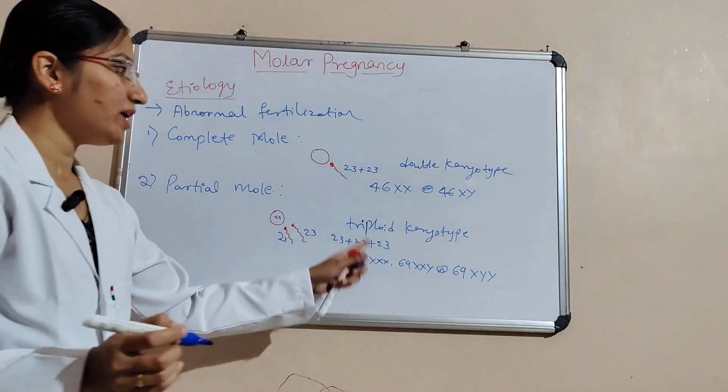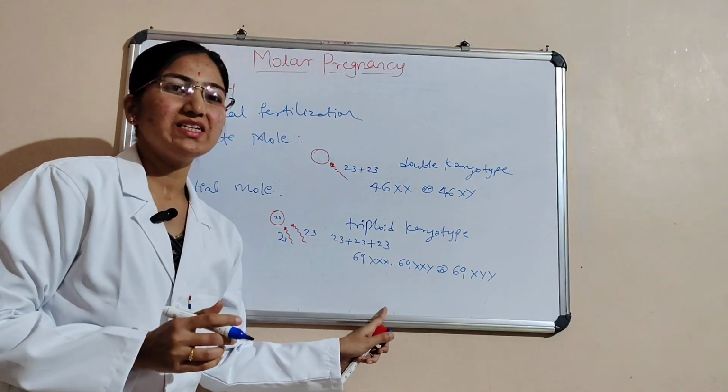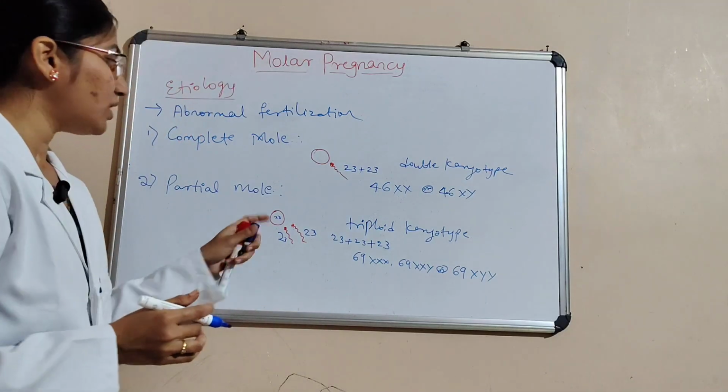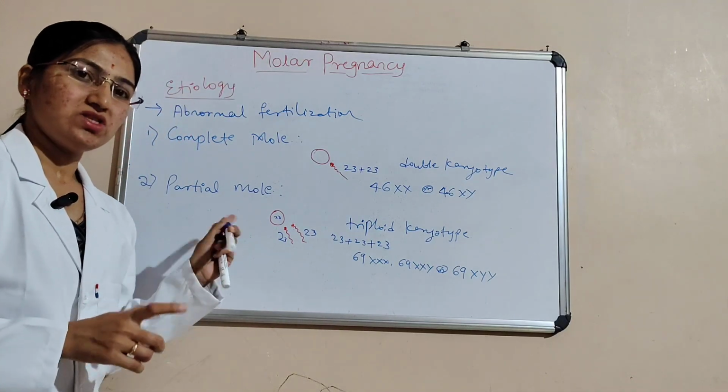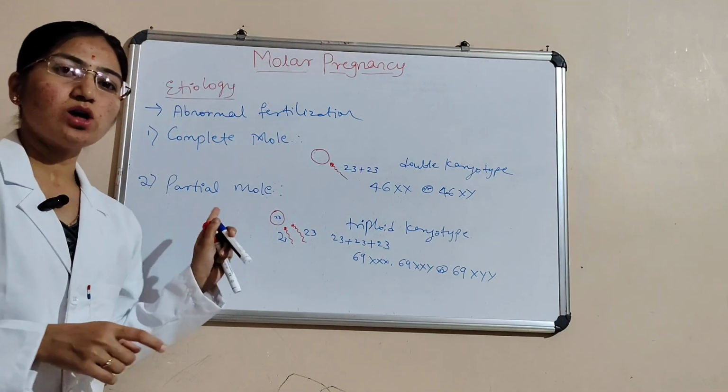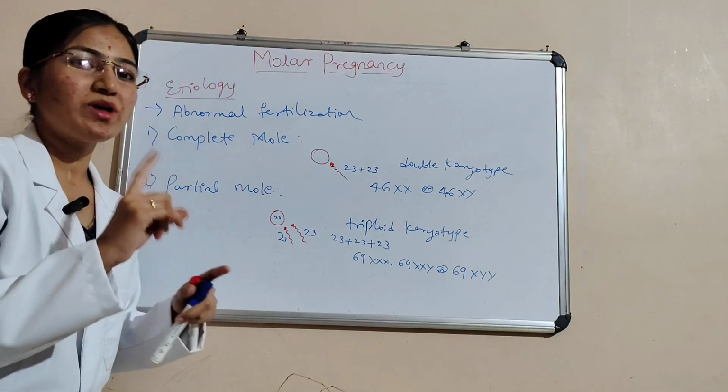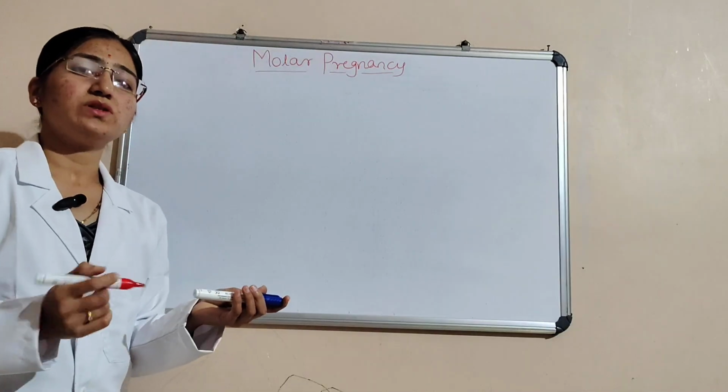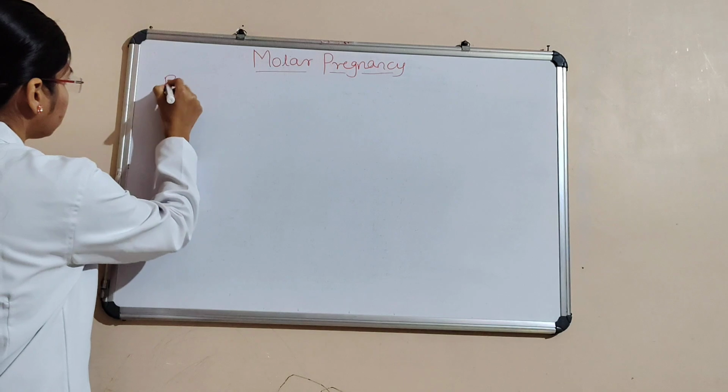Here it's a triploid karyotype. It is present in the case of partial mole. This is the main etiology, the main cause for molar pregnancy: abnormal fertilization takes place.